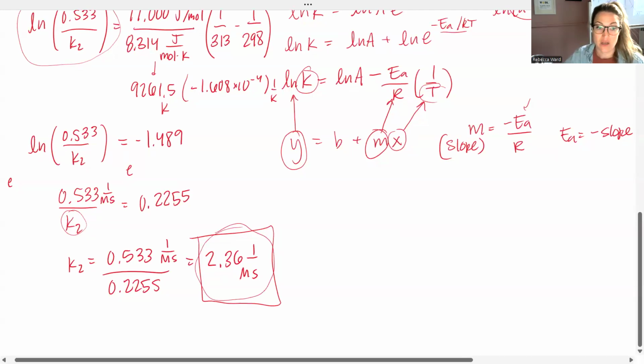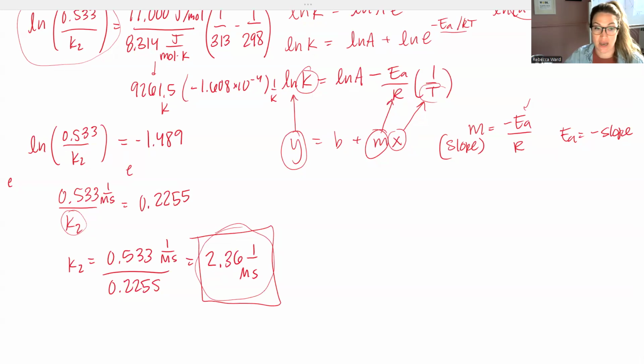So if you actually go and look at the options, 3 of them can be immediately removed. There's 5 options on this dropdown. 3 of them can be immediately removed because they're either equal to or less than that K1 rate constant. And you know the rate constant has to get bigger. So there's only 2 options that make sense that are actually bigger than 0.533.